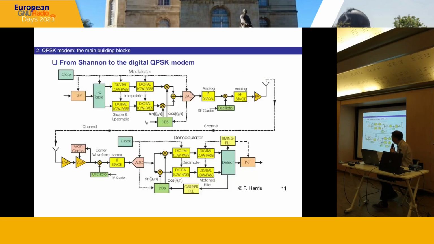More specifically, you came with this block diagram where you find everything you need to build a fully functional QPSK modem. This comes from slides from Fred Harris, who is really a guru in this domain. You can find some of these slides on the internet, and they are really good.